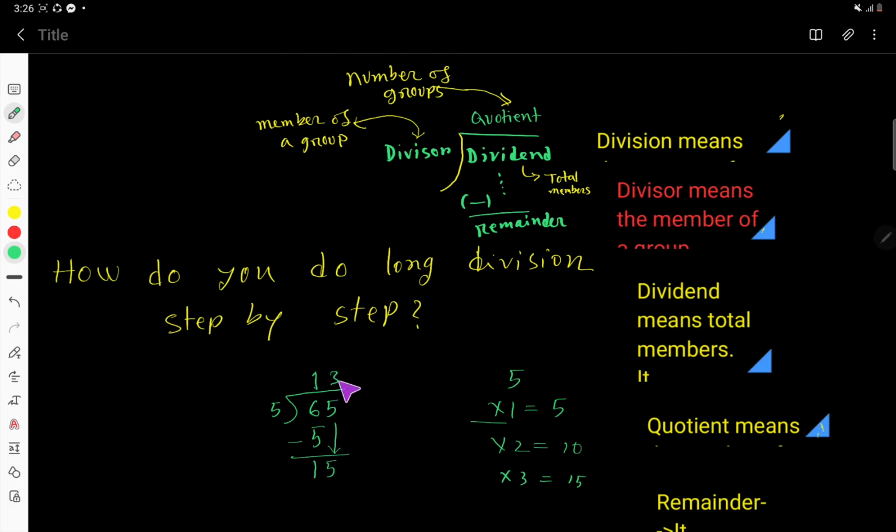Write 3, and 3 times 5 is 15. Subtract, then 0. So 13 is our answer, and we don't have any remainder. That is, you have a total of 65 people, you can make 13 groups, and each group will have 5 members.